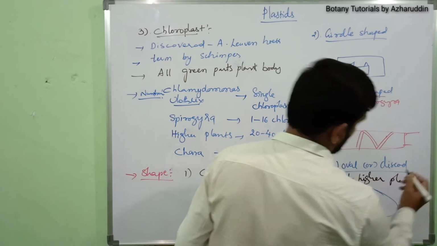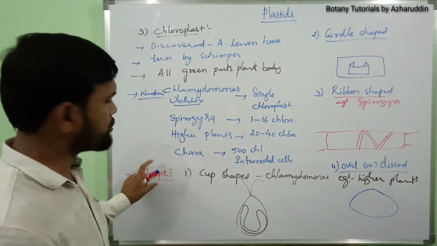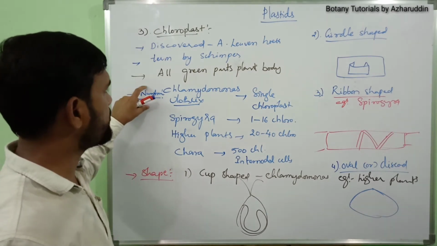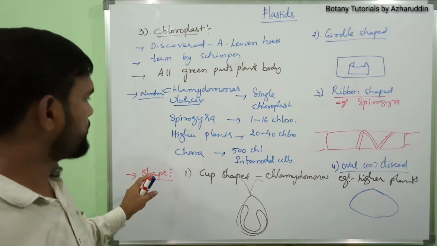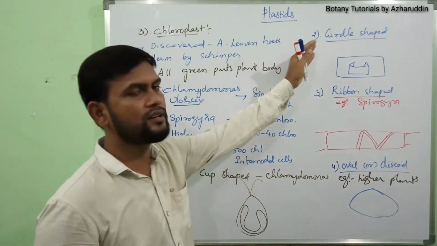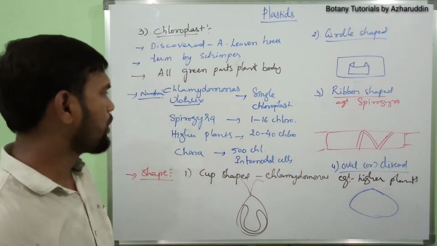This is about shape. We discussed the number and shape of chloroplasts: cup-shaped, girdle-shaped, ribbon-shaped, and oval-shaped chloroplasts.